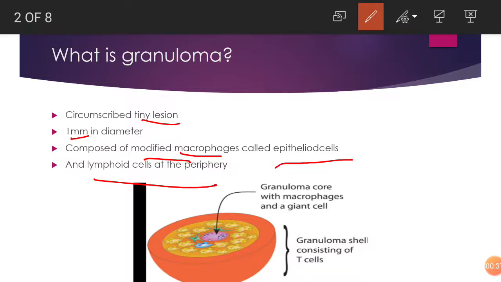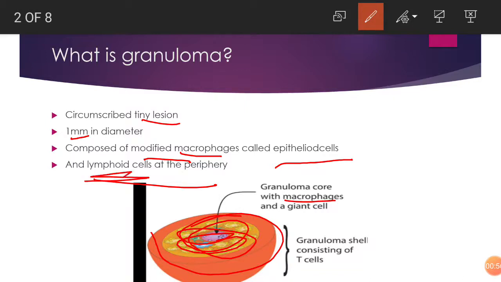As you can see in this picture below, this yellowish part represents macrophages, and the orange part, which is surrounding the macrophages and rimmed at the periphery, are the lymphoid cells.